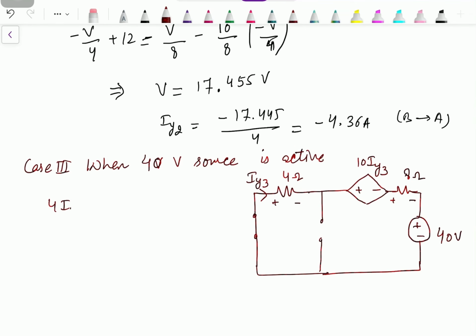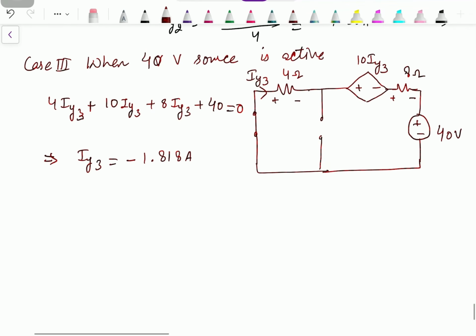So plus 4 into IY3, then we have the voltage source, plus 10 IY3, plus 8 IY3 as the drop across the 8 ohm resistance, plus 40 equals 0. This gives us the value of IY3 as minus 1.818 ampere.